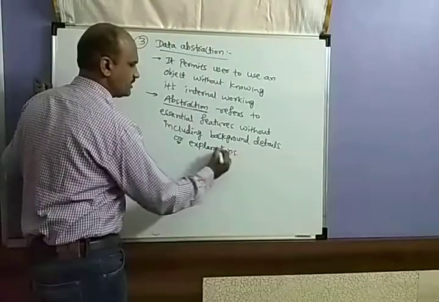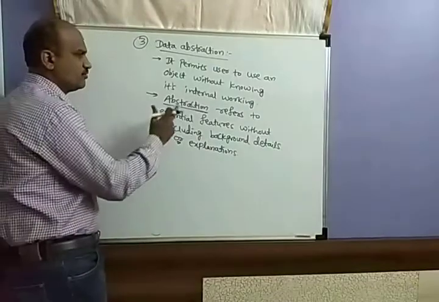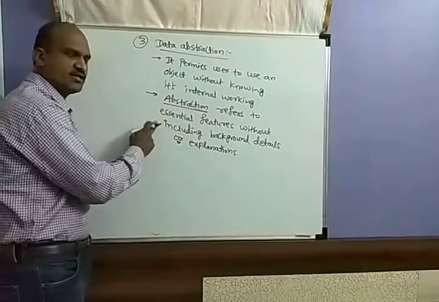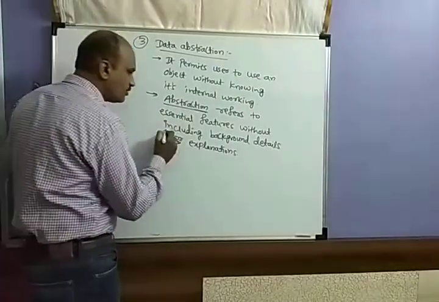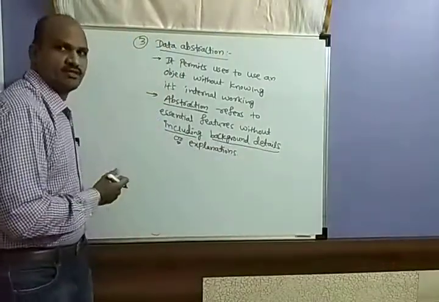No need to give any explanation. That is called data abstraction. So abstraction refers to the essential features without including the background details or explanations.